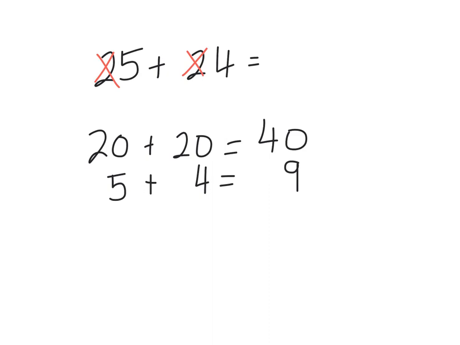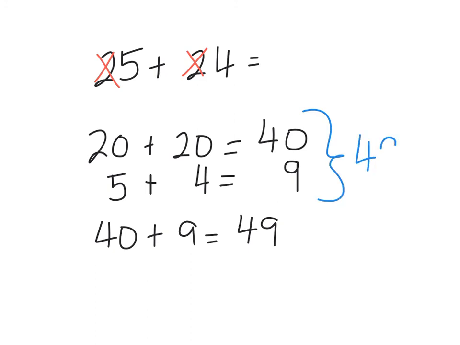The last thing I have to do is add my two answers together. So 40 plus 9 equals 49. I know that these together equal 49. So my answer for 25 plus 24 is 49.